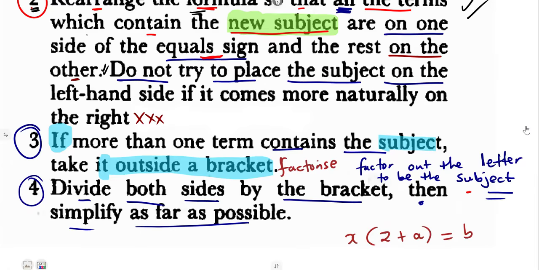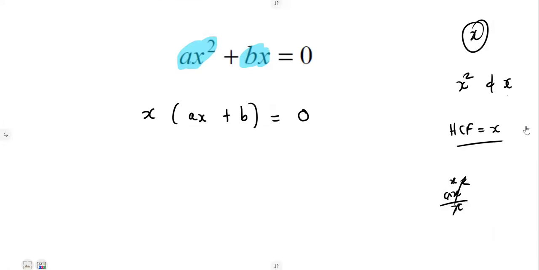In this case, guys, it is a different situation. What is inside the bracket contains x, so we cannot divide by the bracket. And also, there is a 0 there on the right-hand side.